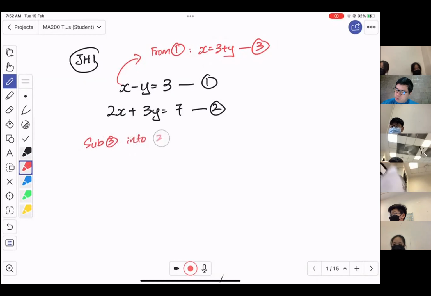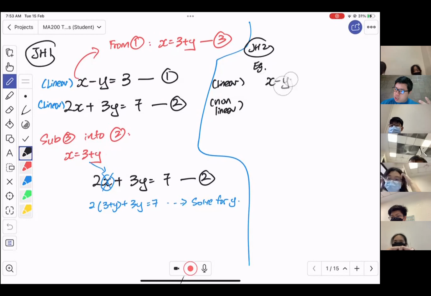So this is JH1. What's the difference between JH1 and JH2? In JH1, you notice both of the equations are linear, meaning they are both power 1. In JH2, you will notice that one could be linear and one non-linear. For example, in JH1 you have this equation.